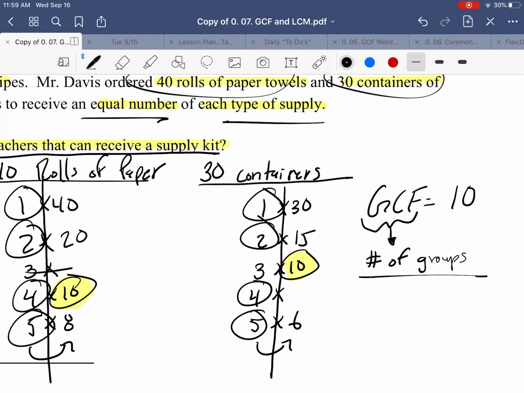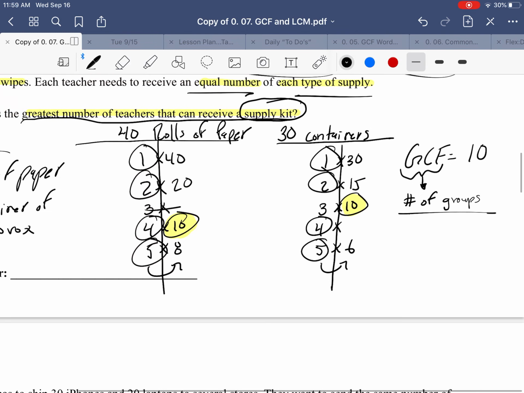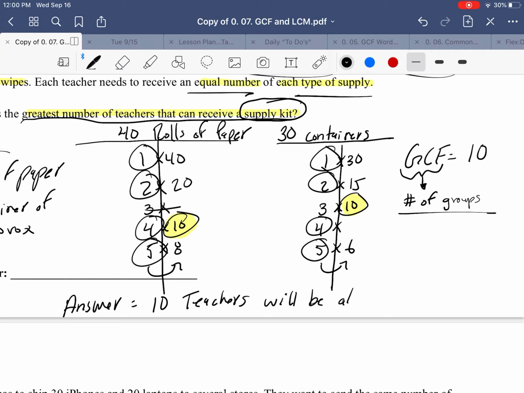And if we're talking about the context, the number of groups here is referring to the number of supply kits. So, for our answer, teachers will be able to get a kit.